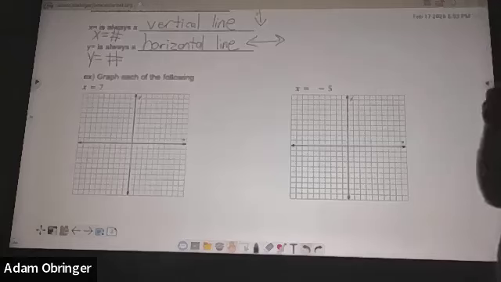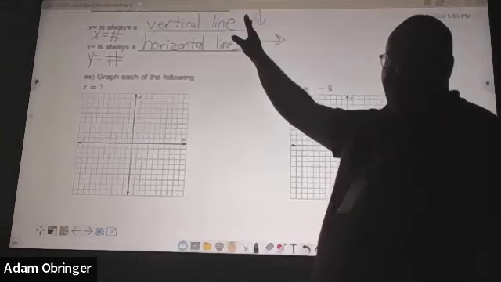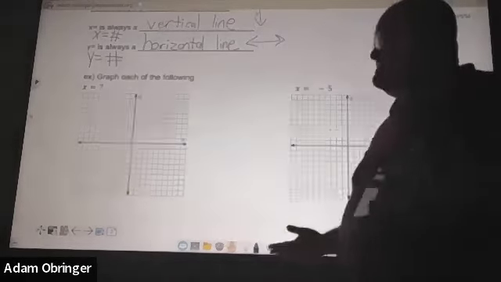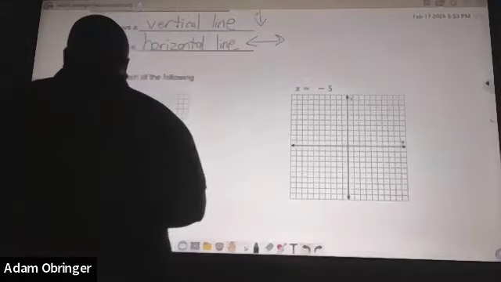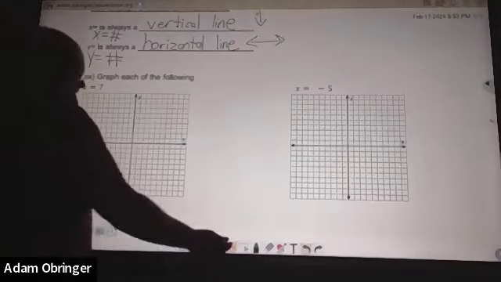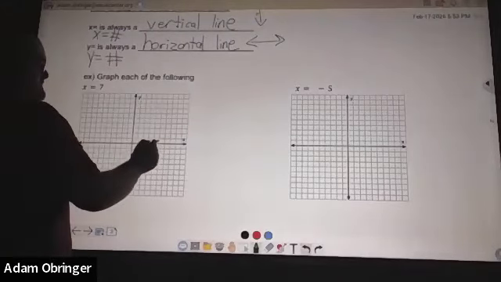It says graph each of the following. X equals 7. According to what we just wrote, any x equals should be a vertical line. A way to think about this: where is x 7? Where on the graph could I make a dot that would have x is 7? Well, 1, 2, 3, 4, 5, 6, 7.